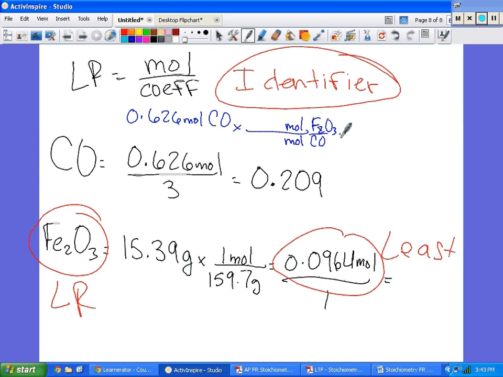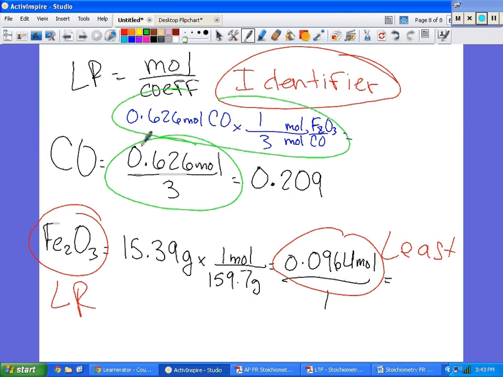What would be my top to bottom mole to mole ratio right there? Does this and that look real similar? It's the exact same thing. So you're going to get the same answer here. So once I have the moles of iron(III) oxide, doing this, it's going to be the exact same answer.